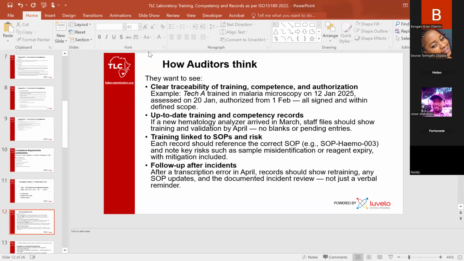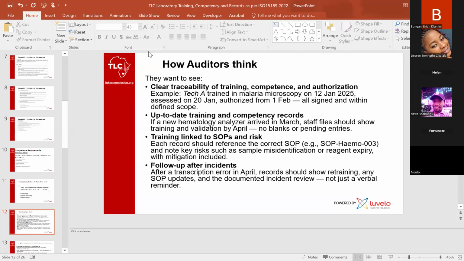Okay. Training linked to SOPs and risk. That's the other major word in ISO 15189:2022: risk. Every step of your work at the laboratory has some form of inherent risk. It's a big word in the new standard.